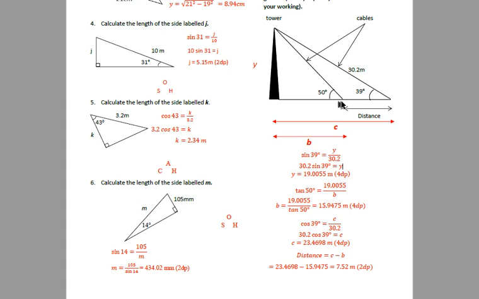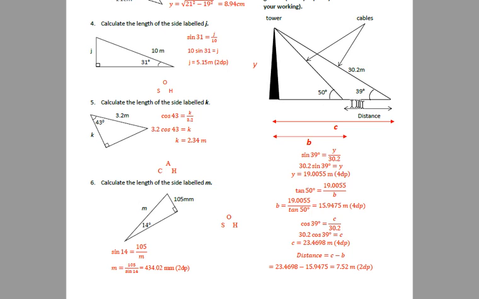We also need to work out the C value, and then we'll subtract. We'll do C minus B finally to work out this distance here. But first, you've got to work out this entire base length all the way across to the end.